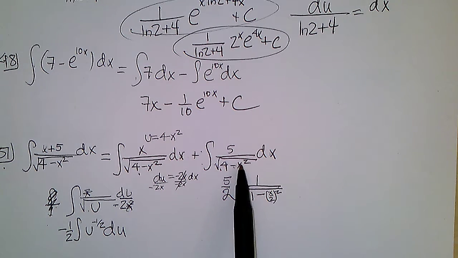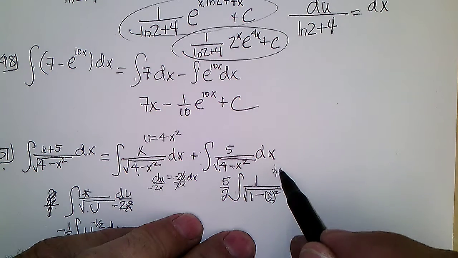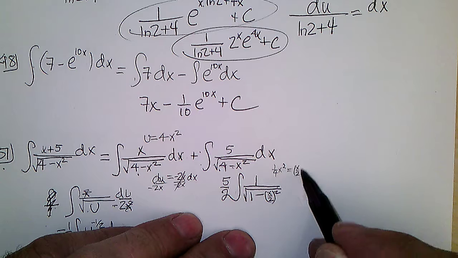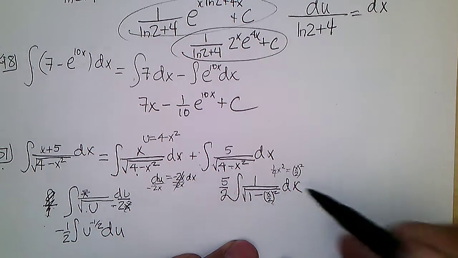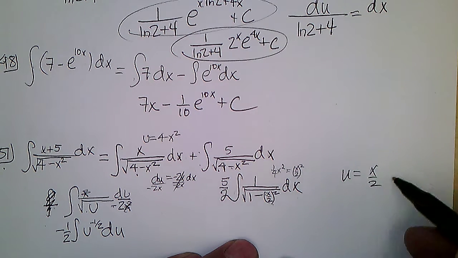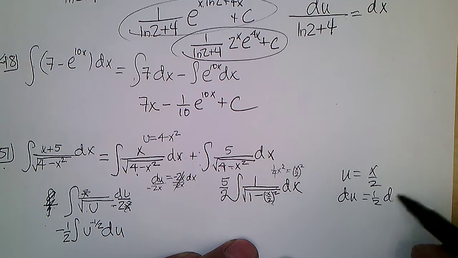Because taking a 4 out of this makes it 1/4 x squared, which is the same as x over 2 squared dx, and I'm going to let u be x over 2, so du equals 1/2 dx.